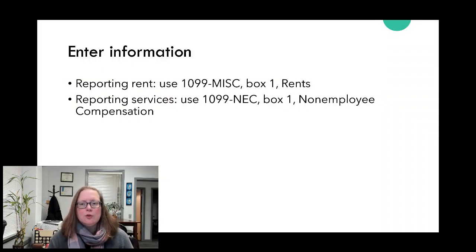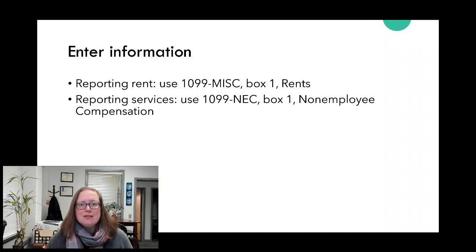So if you, as a business, are renting office space or warehouse space and need to report the amount of rent that you paid, you're going to use 1099 MISC, box 1, rents. If you are reporting anything else, generally those subcontract or independent contract service fees, those are going to go on 1099 NEC, box 1, non-employee compensation.